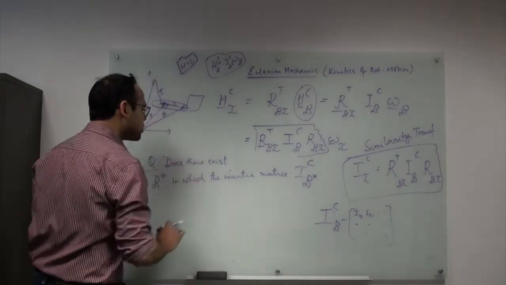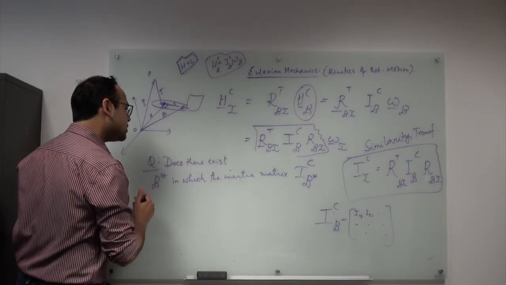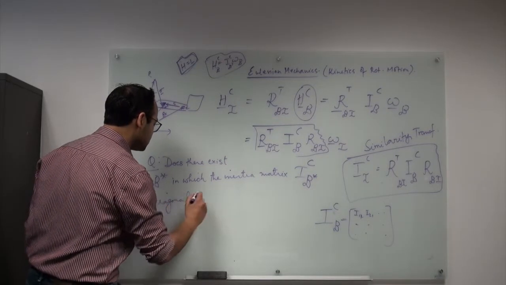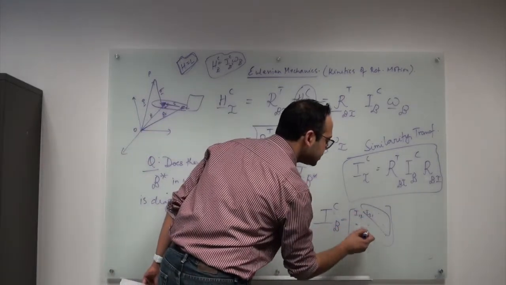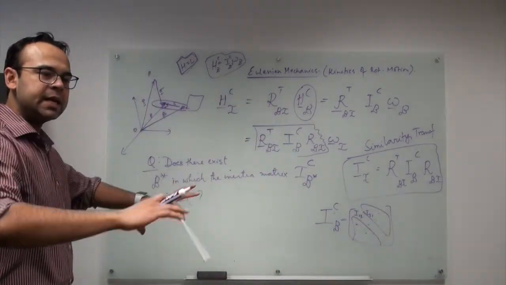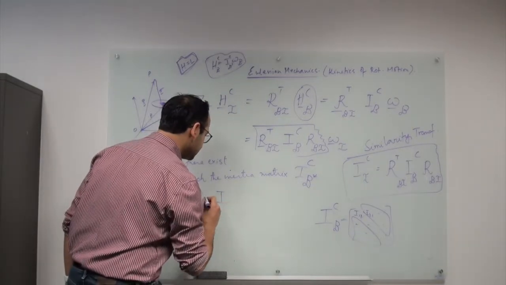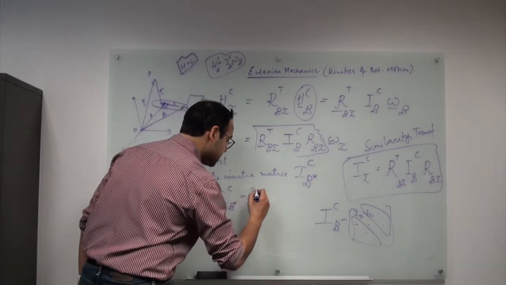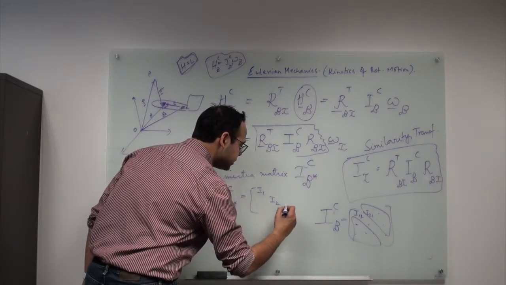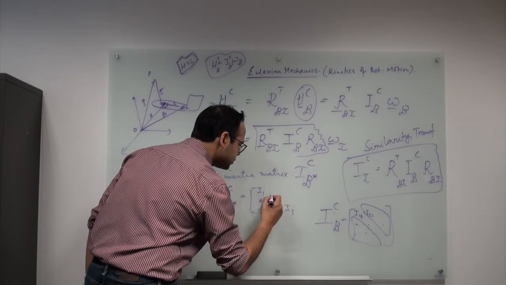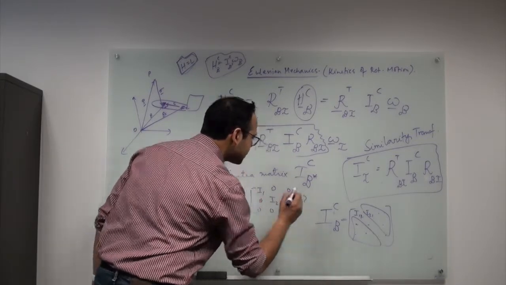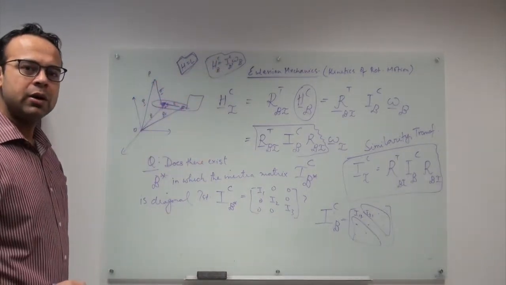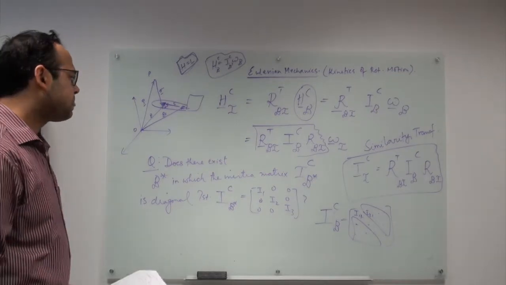Does there exist this special body frame B star in which the inertia matrix is diagonal? So we can kill all these off-diagonal terms and make it nice and clean, look something like this, such that the inertia matrix measured from C expressed in B star would have this nice clean form. And as you can imagine, it would make our life much easier when we go and differentiate that basic equation.